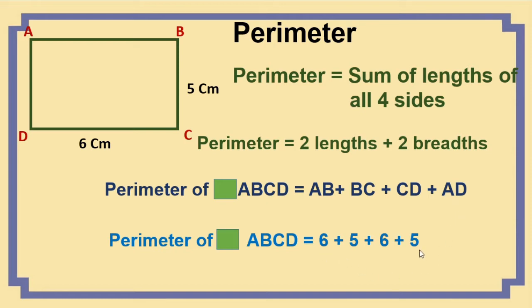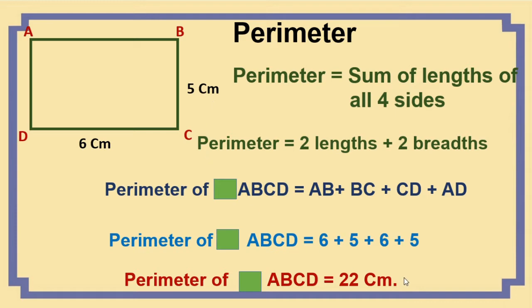Now we will add these lengths, that is 6 plus 5, that is 11, again 6 plus 5, that is 11, together make 22, isn't it? So the answer is 22 centimeter. Okay, because this is 6 centimeter and this is 5 centimeter, in the answer also we have to write centimeter.